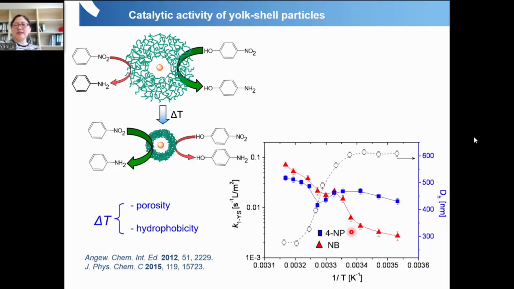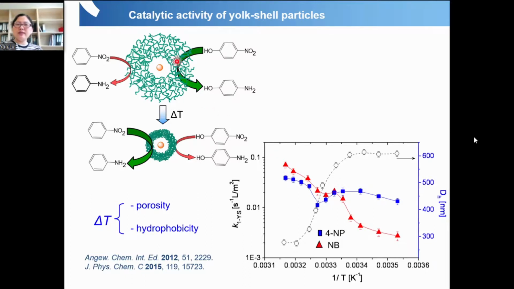What is quite interesting for us is that at lower temperature, in this region, you see the reaction of nitrophenol is much faster than that of nitrobenzene. And when we increase the temperature, you see they are totally different.